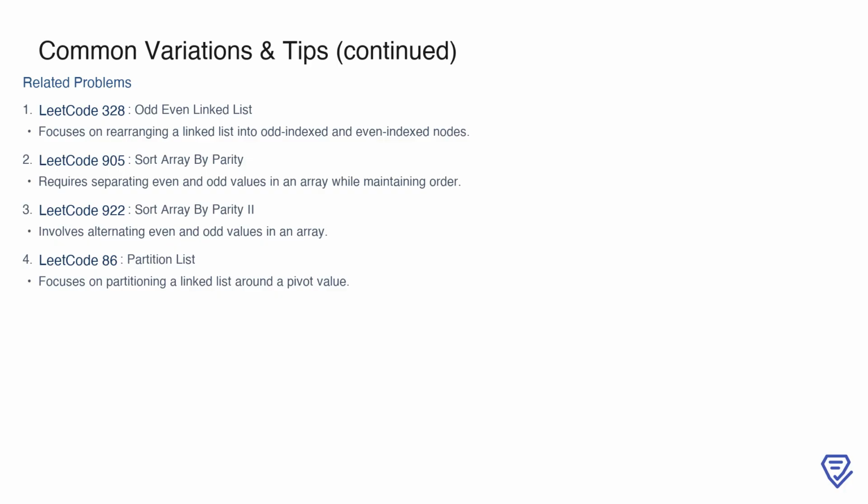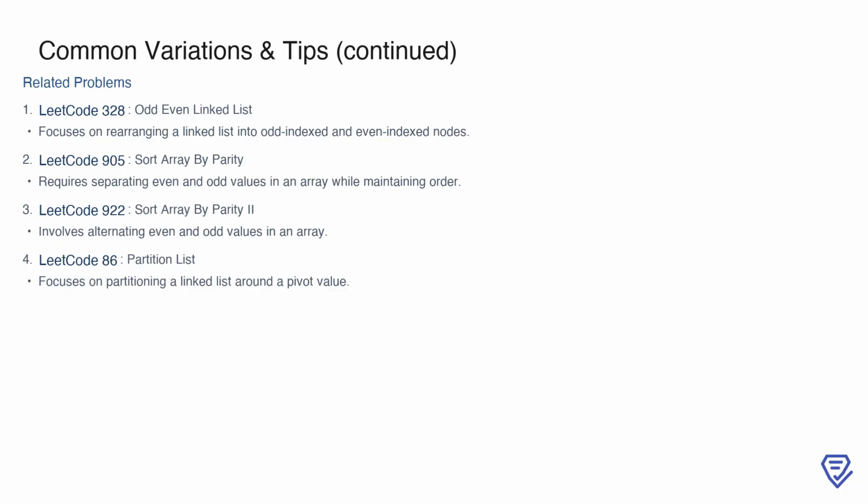LeetCode 922, sort array by parity 2, goes a step further by requiring that even and odd values alternate in the array. Another related problem is LeetCode 86, partition list, which involves partitioning a linked list around a pivot value. These problems share common techniques like reordering elements, partitioning data, and maintaining specific constraints, making them excellent practice for mastering these concepts.